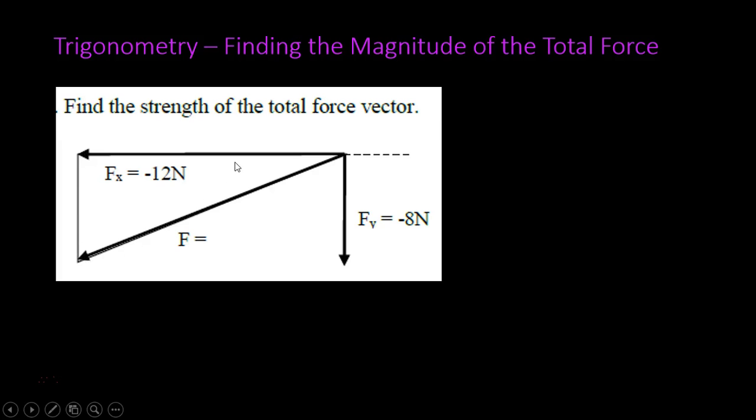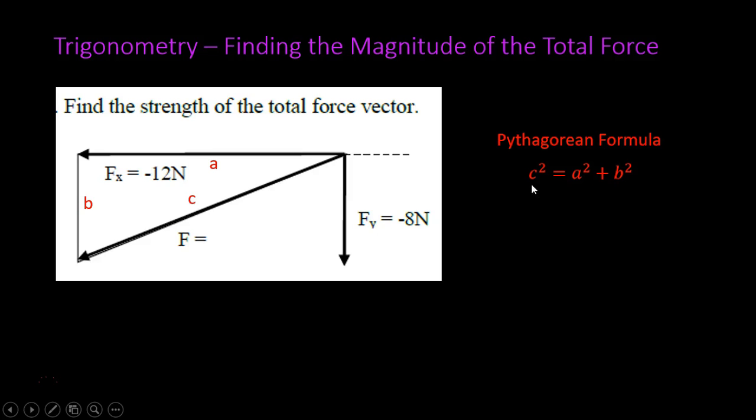In math class, we would call this side A, this side B, and this side C. We know with a right triangle of sides A, B, and C, their lengths are related by the Pythagorean formula, which tells us that the length of side C squared is equal to the length of side A squared plus the length of side B squared.